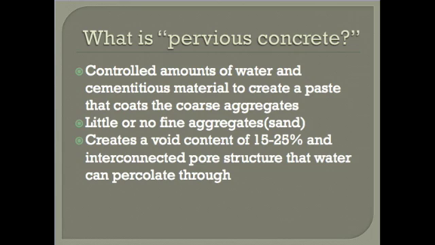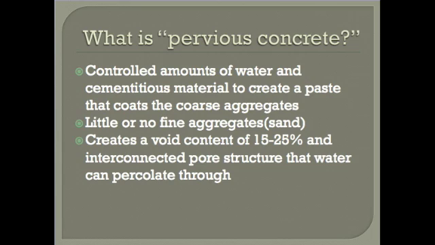At this point, you're probably wondering, what exactly is a pervious concrete? Well, it is comprised of carefully controlled amounts of water and cementitious material that create a thick paste that coats the coarse aggregates, which then fasten to each other and comprise the pervious concrete.